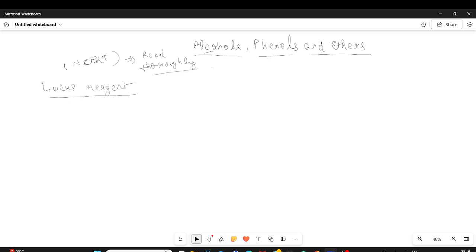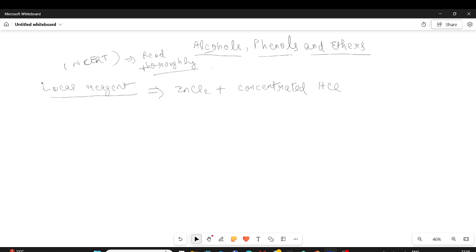So Lucas reagent. This reagent is basically zinc chloride in concentrated hydrochloric acid.